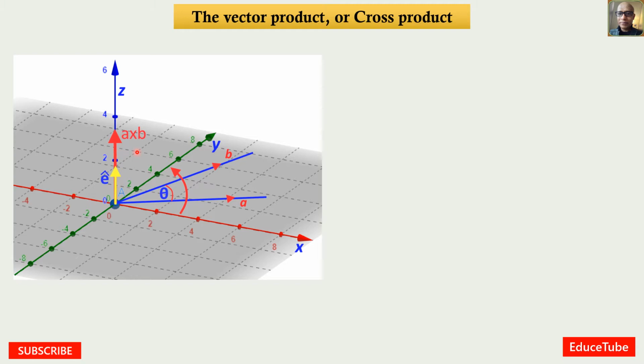And later, in another slide, we will see that if it is turned clockwise, because this one is anti-clockwise, then the screw moves down. This direction.